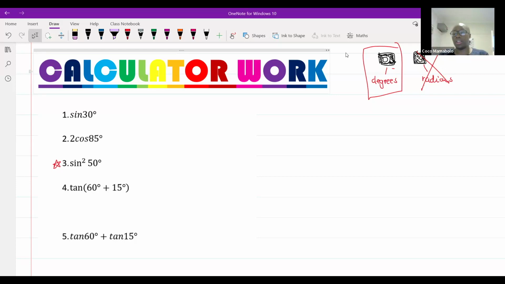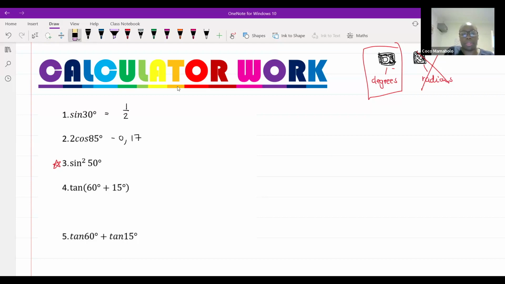Let's not give it too much time, otherwise we're going to run out of time here, because we've still got quite a ways to go today. All right, let's start with the first one over here. If you put sine 30 into your calculator, you're going to get 1/2 or 0,5. That works as well. All right, 2 cos 85 gives us, I'm just going to round off to 2 decimals, 0,17.